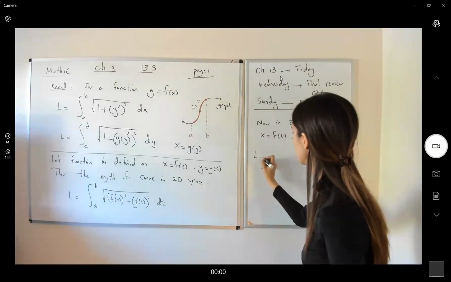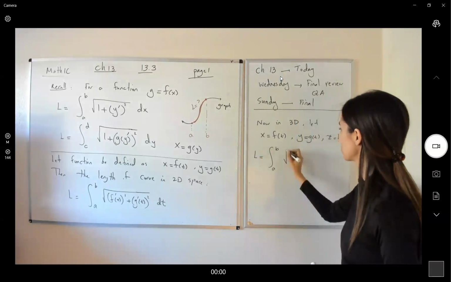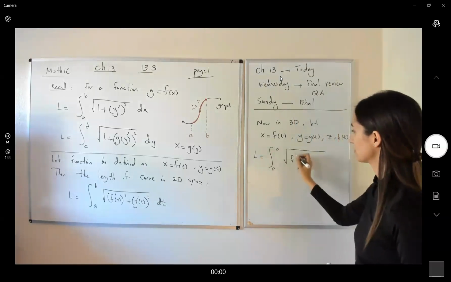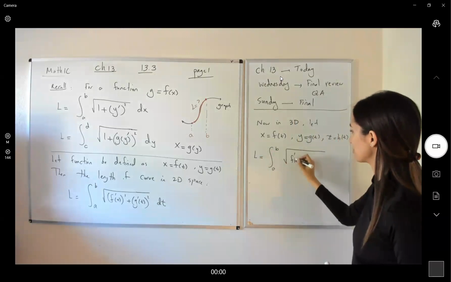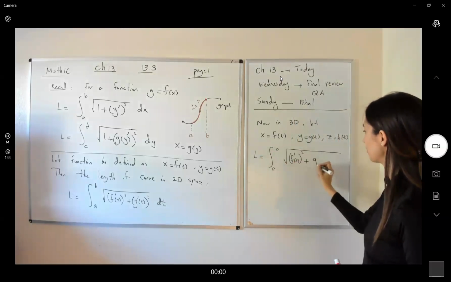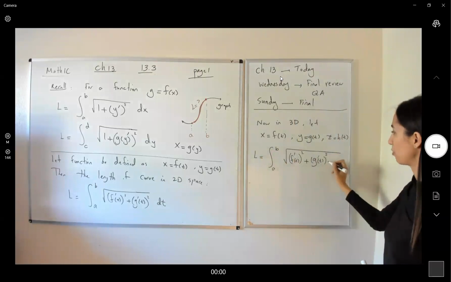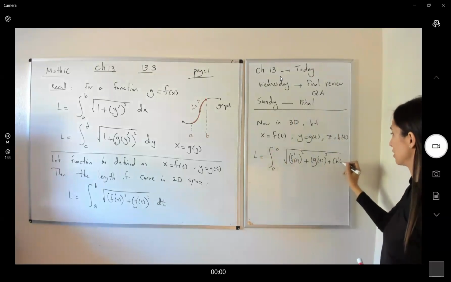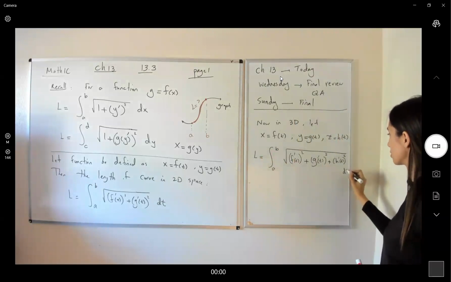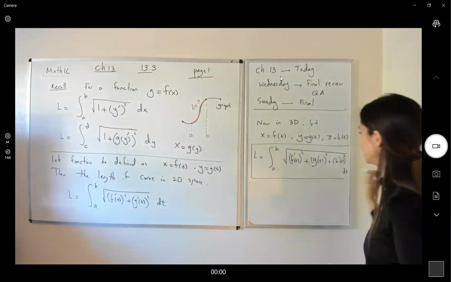The length of the curve is equal to the integral from a to b of the square root of the derivative of x with respect to t squared plus the derivative of y with respect to t raised to the second power plus the derivative of z with respect to t squared. Of course, we take the integral with respect to variable t.